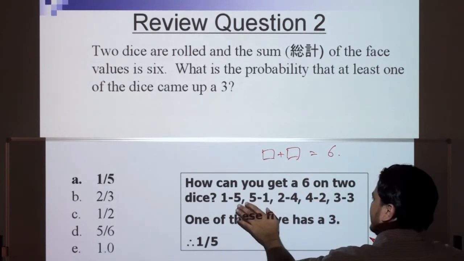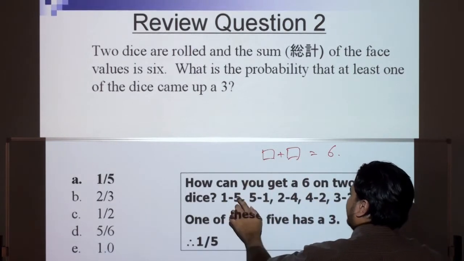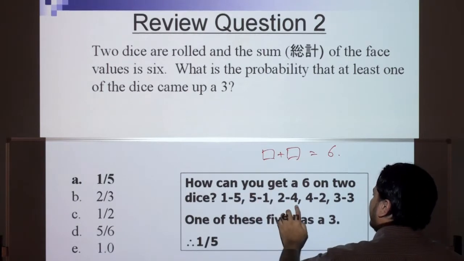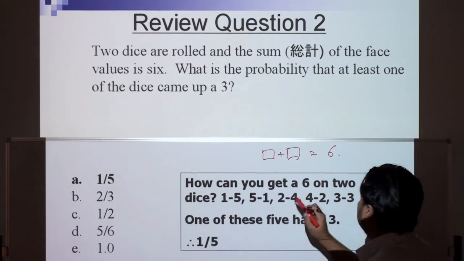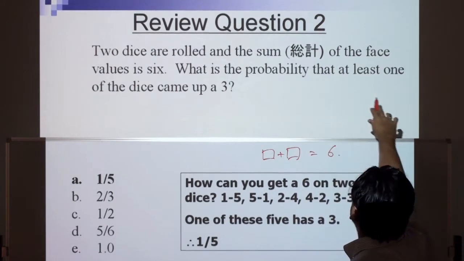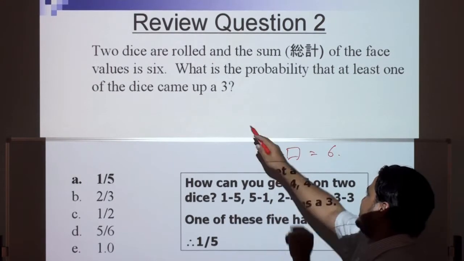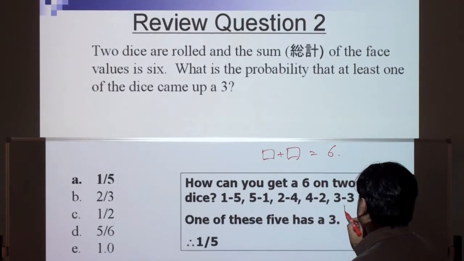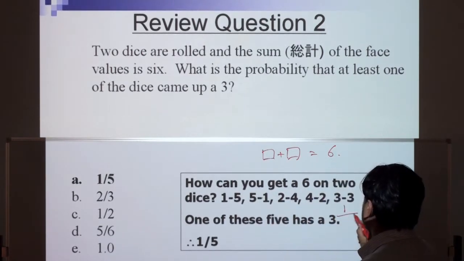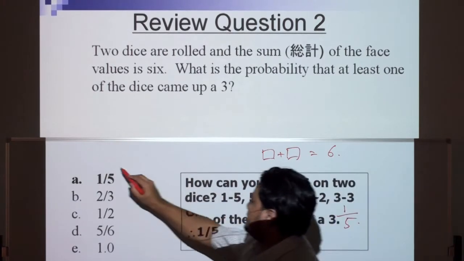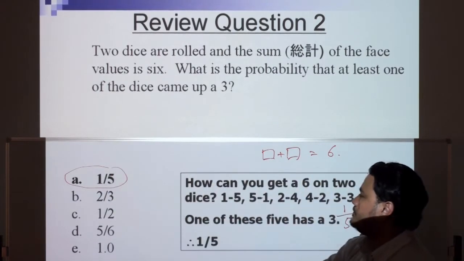I've written it here. You can either get a 1 and a 5, 5 and a 1, 2 and a 4, 4 and 2, or 3 and a 3. Now notice the question is, what is the probability that at least one of the dice came up with 3? So this is only 1 out of the 1, 2, 3, 4, 5 possible answers. And that's why our answer is 1/5.